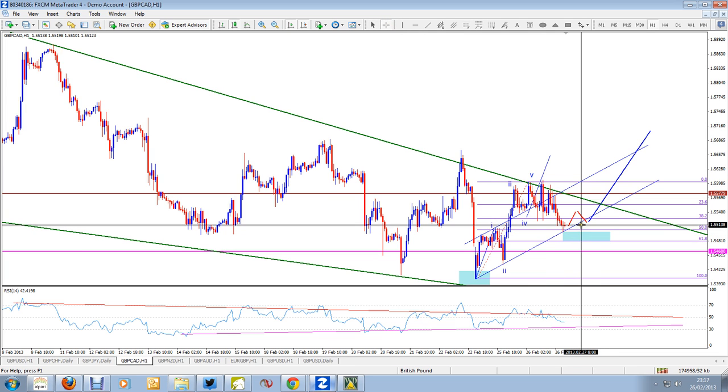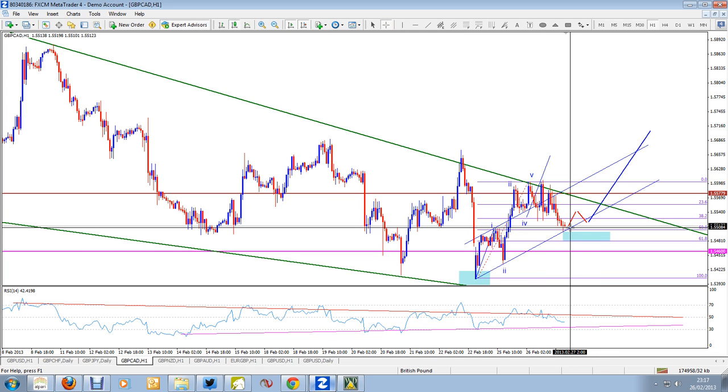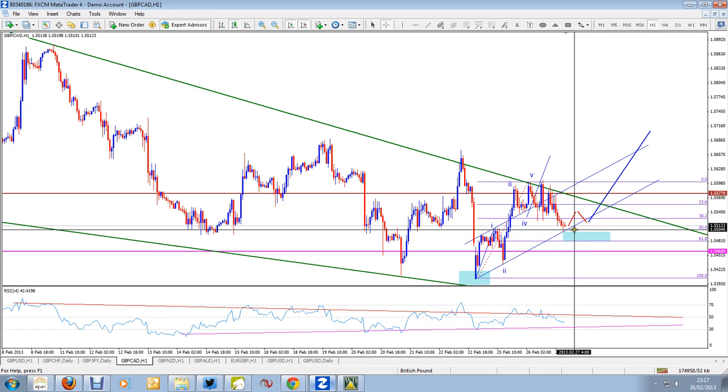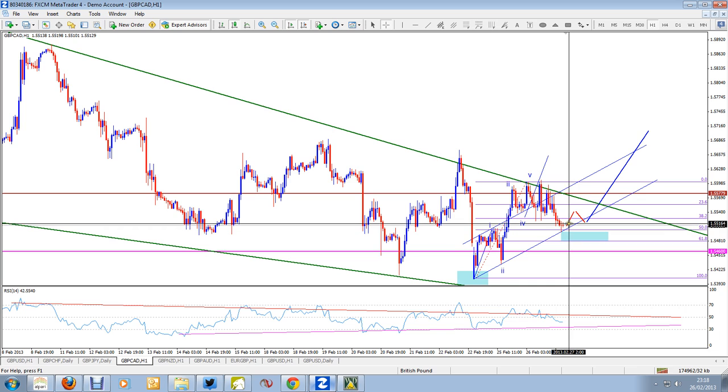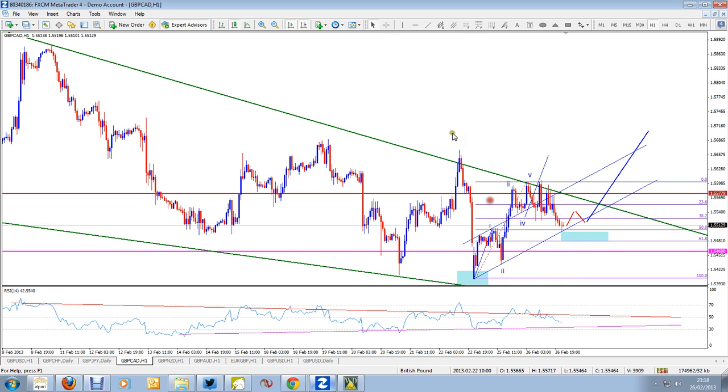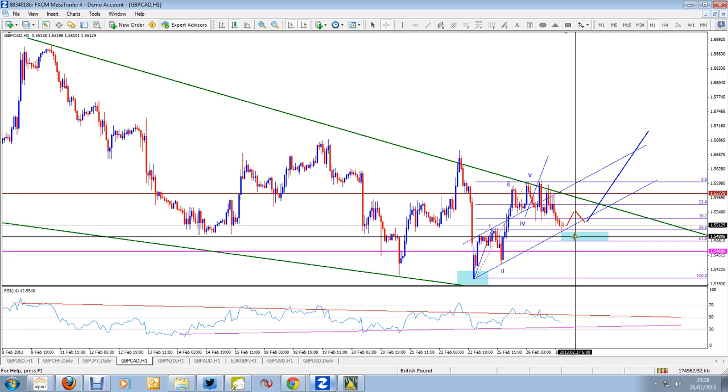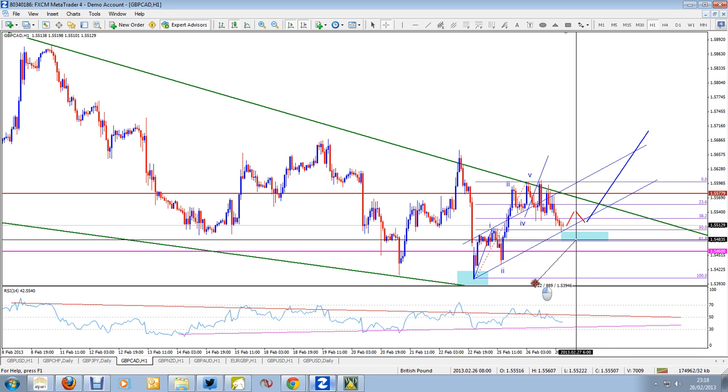If you felt you wanted to trade pound Canada to the upside, depending on where you get your fill, at the current level your stop will be 120 pips or so away. If you're able to get prices to come down a bit more, then your stop might be somewhere in the region of 90 pips or so.